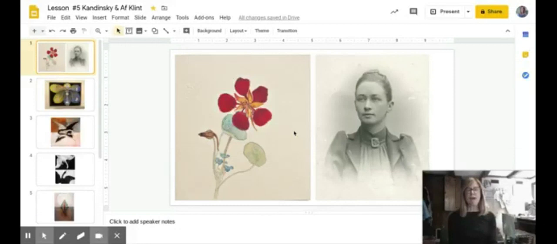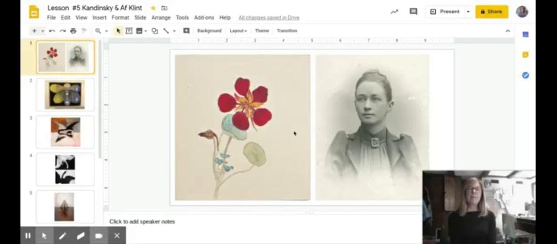So the fact is for a woman to be able to create work on her own, have a very, very successful artistic career, says a lot for the kind of artist that she was.